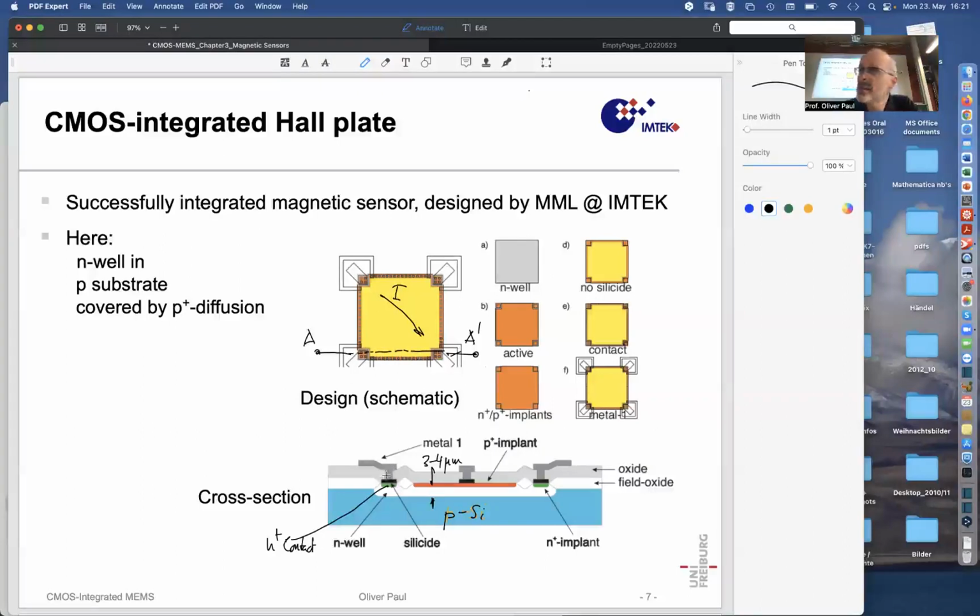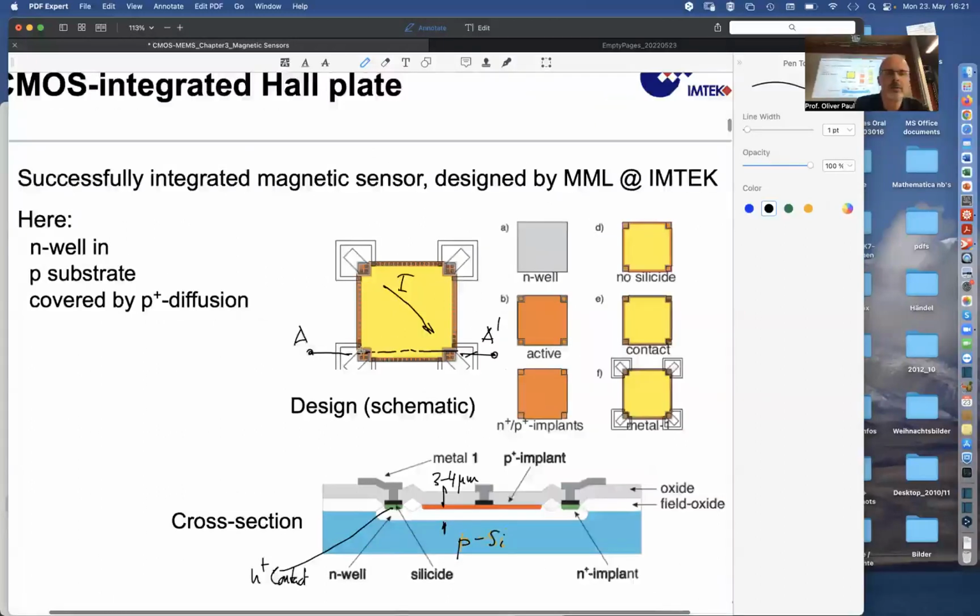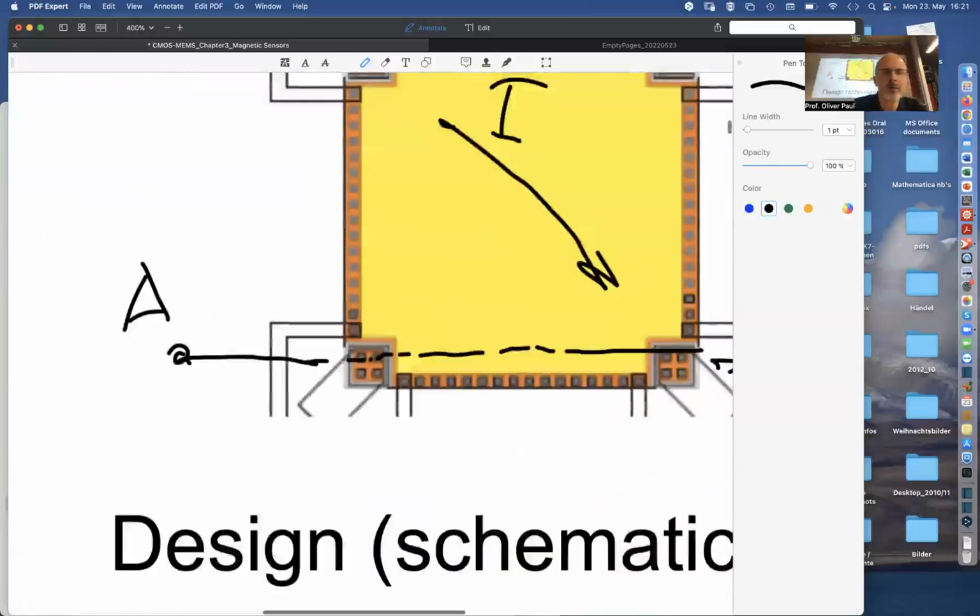Via is this place where the metal pierces this dielectric material to reach the silicon contact, the silicide. There is only one shown, whereas here we have obviously something bigger. We have 2 by 2 such vias.